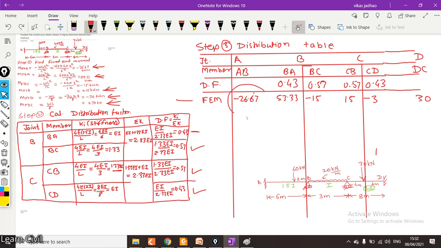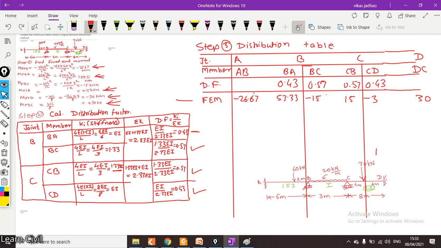Whatever moment is there will be self-balanced, so no balancing is required for this minus 26.67. Similarly, this 30 kilonewton meter moment is at joint D, which is a fixed support. As it is a fixed support, again the balancing of this moment MFDC is not required.